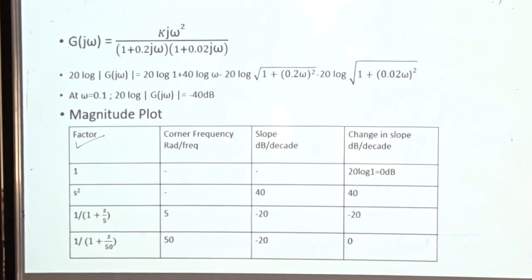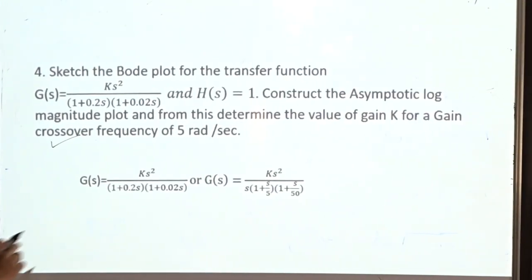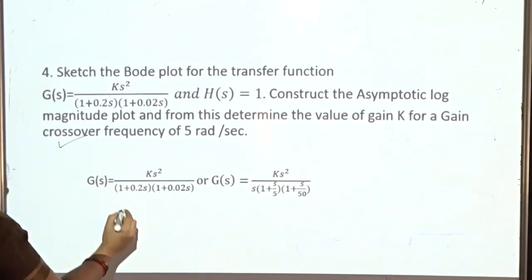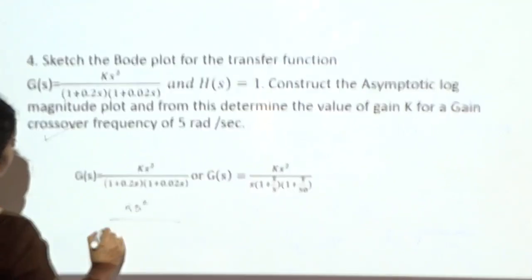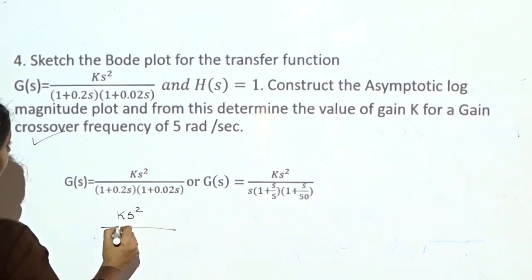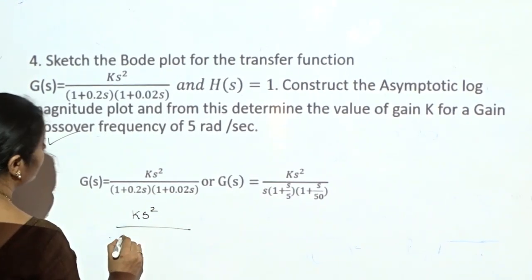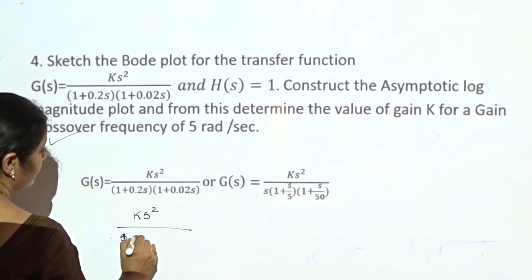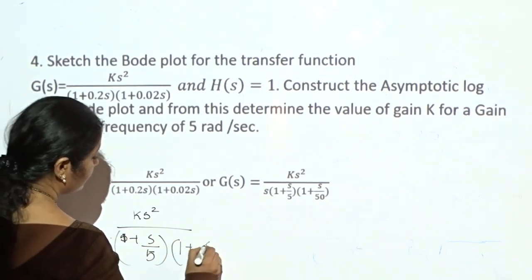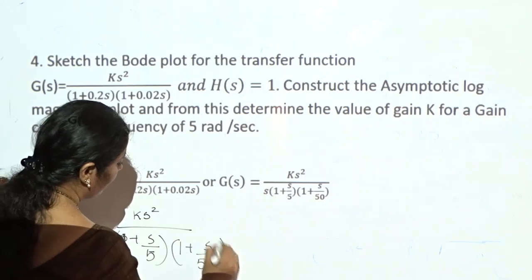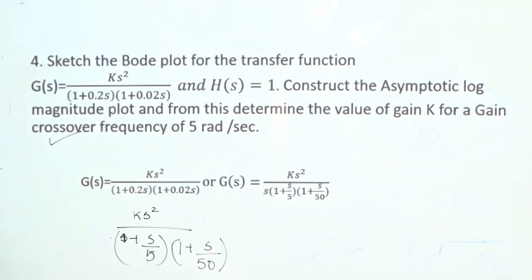The given equation can be converted to its standard form here. It is k s square divided by s into (1 plus s by 5) into (1 plus s by 50). This is the standard form we can write.